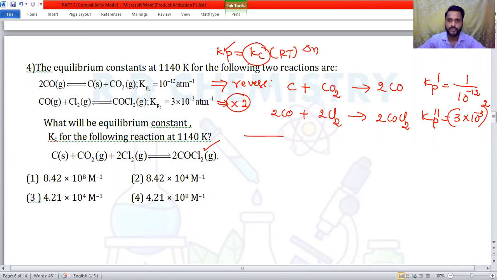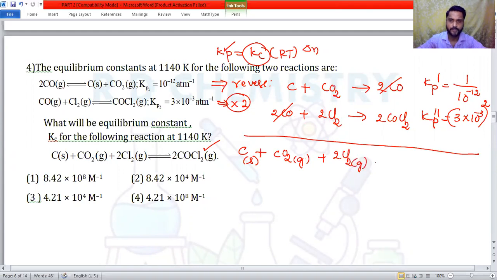Now add these two equations. Carbon monoxide gets cancelled. So remaining is carbon, a solid, plus carbon dioxide, a gas, plus 2Cl2, a gas, to give 2 moles of COCl2, which is also a gas.